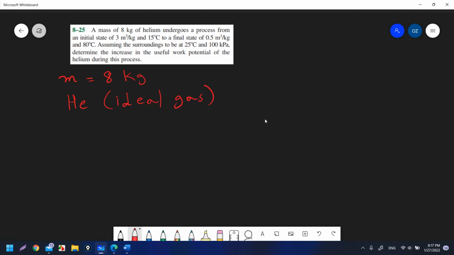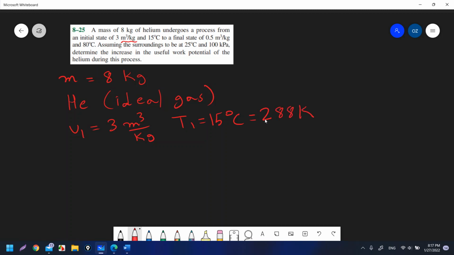It undergoes a process from an initial state of 3 meter cubed per kilogram. From this unit you can notice the specific volume, V small. That is the initial state, V1 equal 3 meter cubed per kilogram, and T1 is equal to 15 degrees Celsius, and it is in Kelvin, 288 Kelvin.